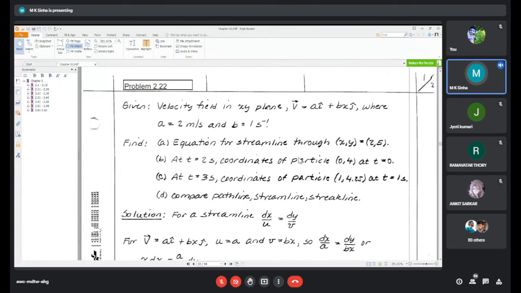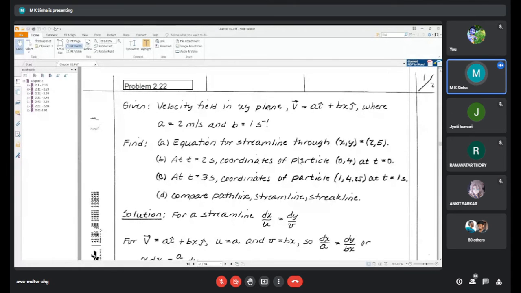Coordinates are measured in meters, SI units. Obtain the equation for the streamline passing through the point (2, 5) at time equal to 2 seconds.